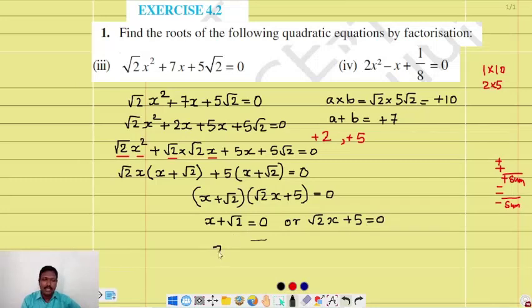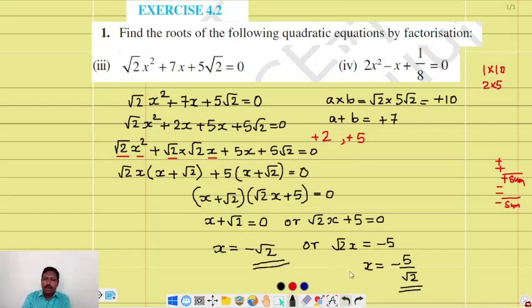So from here you will get x is equal to minus root 2. Or from here we will get root 2x is equal to minus 5. So x is equal to what? x is equal to minus 5 divided by root 2. So the values of x are x is equal to minus root 2, or x is equal to minus 5 divided by root 2. Okay, children.